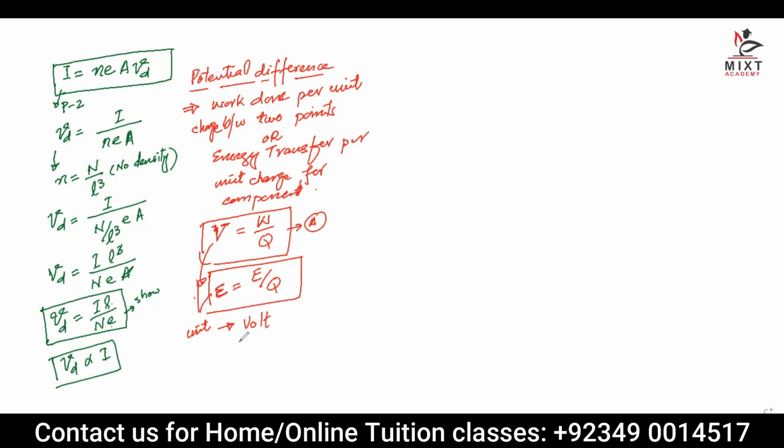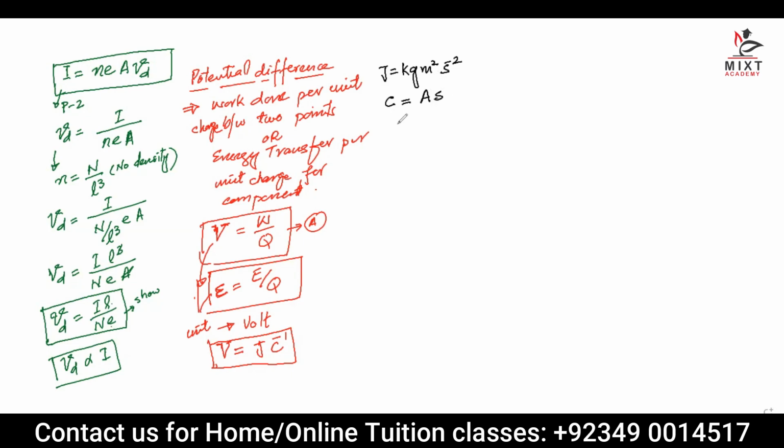So the unit is volt. Listen carefully. Now the MCQs are coming. Volt is equal to joule per coulomb. This is also coming as an MCQ. You know that joule is equal to kg meter squared per second squared, and coulomb is equal to ampere second.